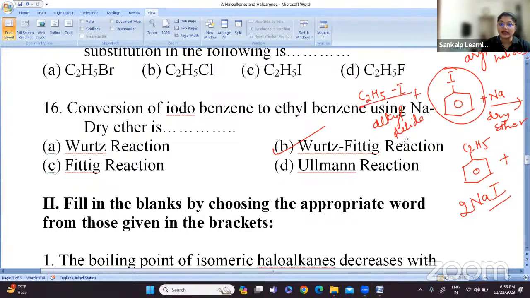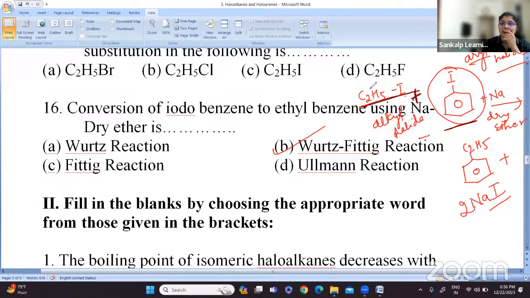What am I taking? One molecule of alkyl halide and one molecule of aryl halide. So what is happening here? See here, I've taken ethyl iodide and one is iodobenzene.